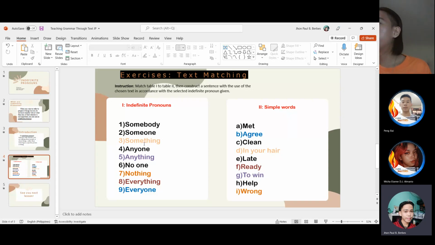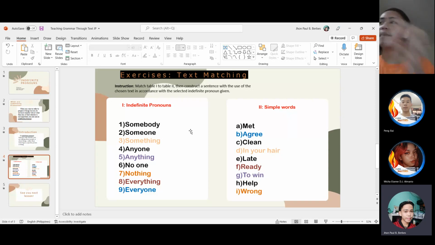So number two, someone cleaned the room. This example is also correct. And though Miss Micah used a past form of a verb, which is "cleaned" with -ed, it does make sense to use "someone" as her indefinite pronoun. Truly, because "someone" can be used in a positive statement or question. Like, did someone clean the room? Turning it into a positive question, right?